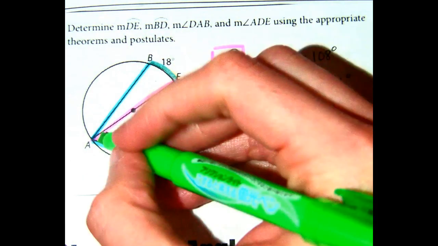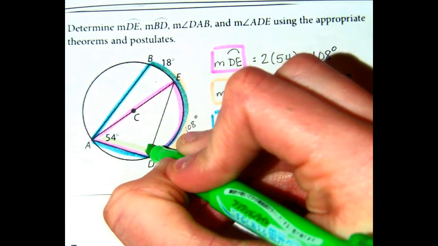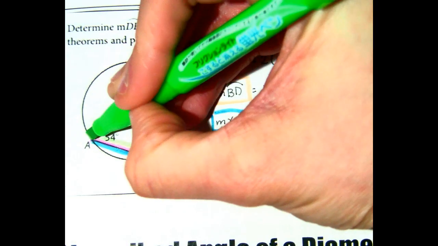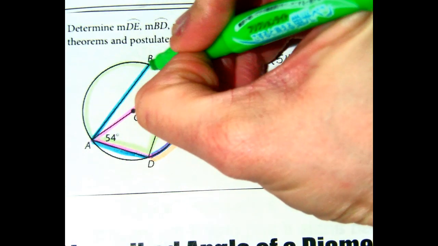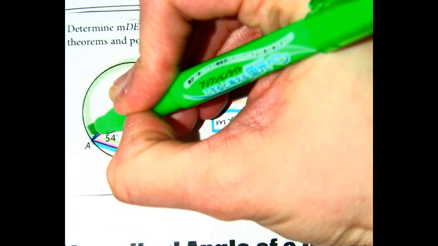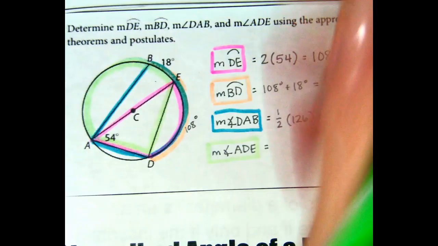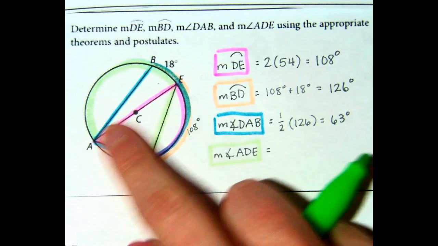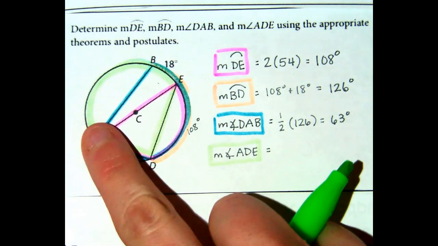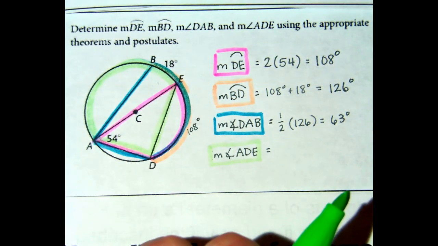I need ADE. I need the arc of this whole thing right here. Is this the diameter, which means what is this? It is 180 degrees.